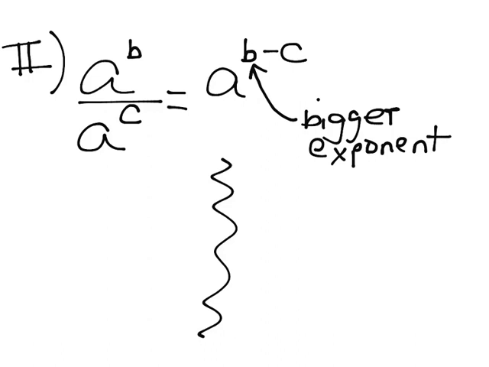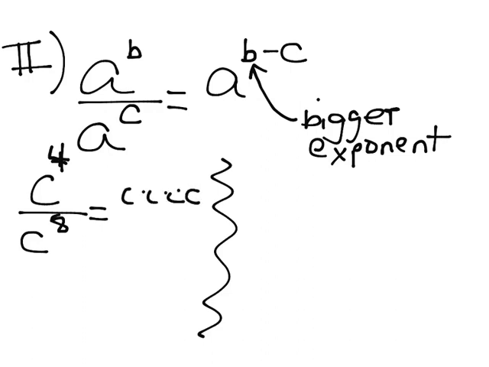All right, the first one is going to be c to the 4th over c to the 8th. This means right now that there are 4 c's that are being multiplied in the numerator. And there are 8 c's that are being multiplied in the denominator. And I'm trying to put them all here.